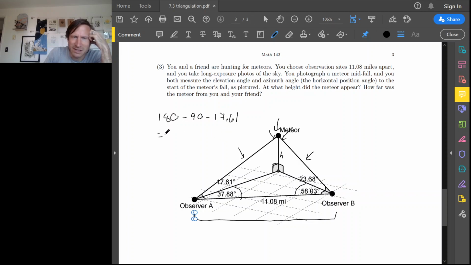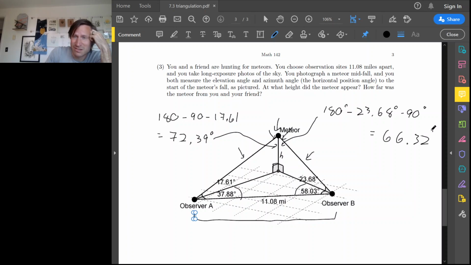So that's going to be, what, 72.39 degrees? And that's right here. And then this angle right here is going to be 180 degrees minus 23.68 degrees minus 90 degrees. And that's going to be 66.32 degrees.